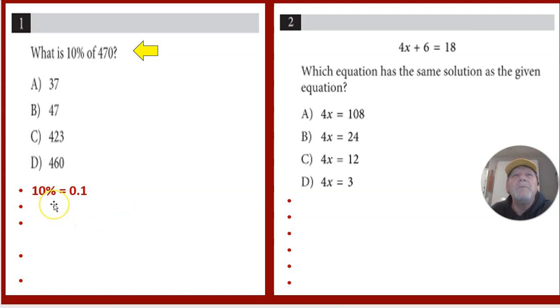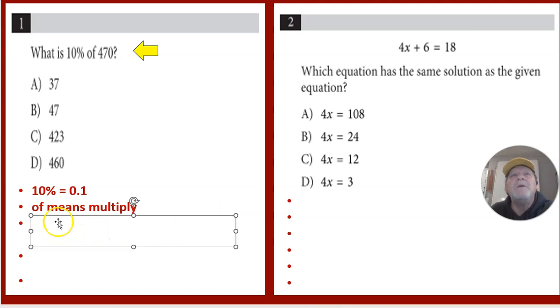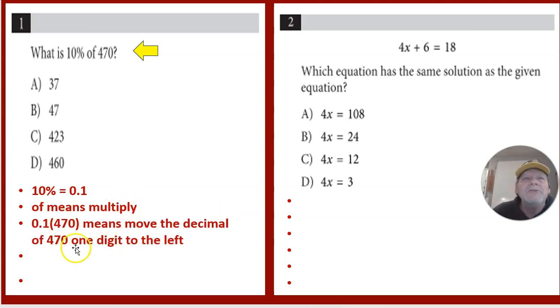Well, remember, 10% is 0.1 or 10 over 100 up there, and the 10% of 470 means that you're going to multiply. So you're going to take the 0.1, multiply it by 470, which just means I'm going to take the 470 and I'm going to move the decimal.